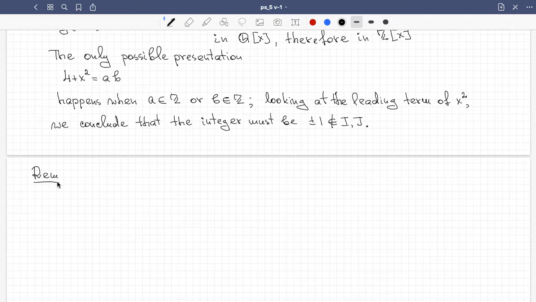The first rings which we considered were the ring of integers Z or the ring of polynomials with coefficients in a field.